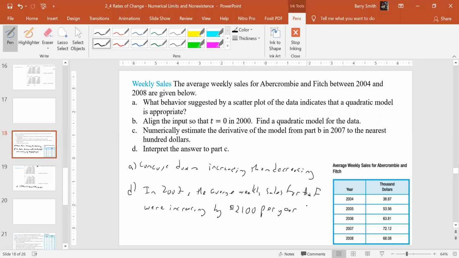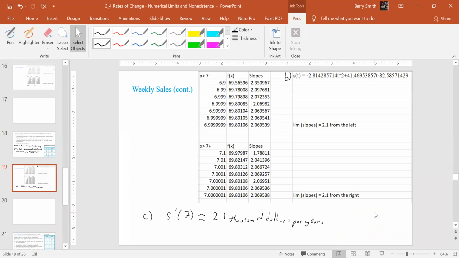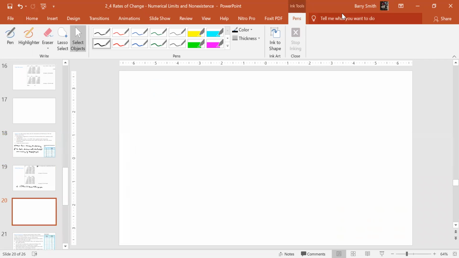That's what the average weekly sales are going up by, $2,100 per year. So I think we have all that one answered. Let's stop there and we'll come back for more.